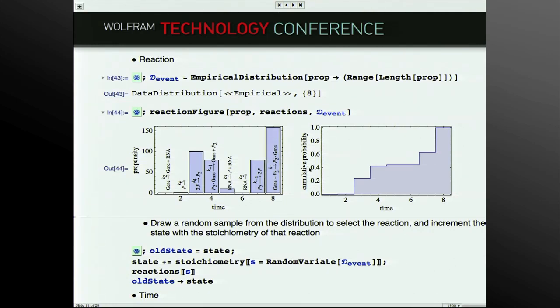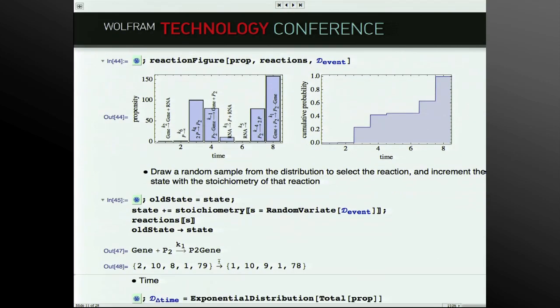And what we want to do in a probabilistic sense is look at the cumulative distributions here to find out what we do next. So it's basically drawing a random number between 0 and 1, coming over here to see where it hits the cumulative distribution and looking down to find out what event we're going to use.